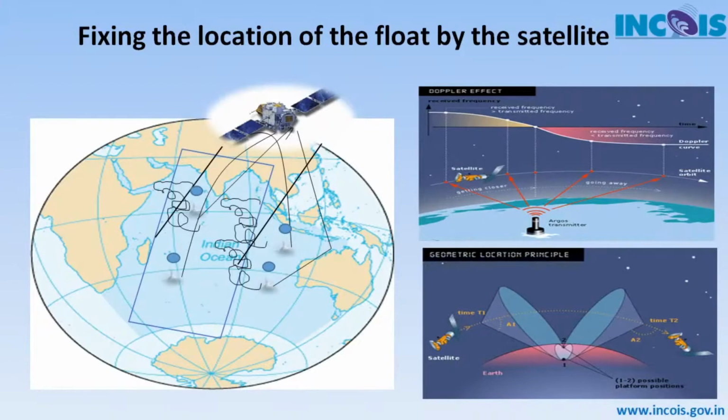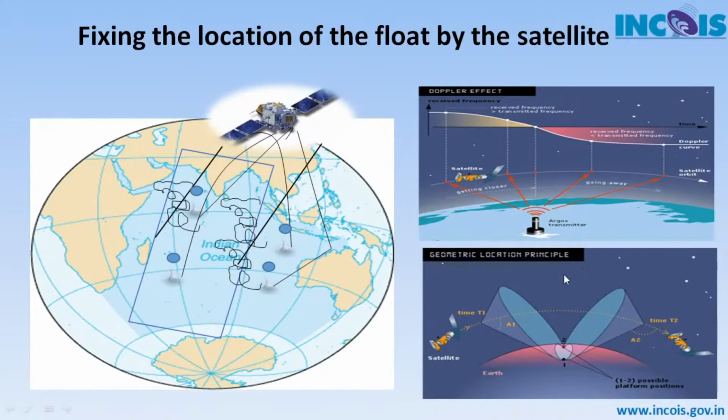So how exactly does the float get its position fixed? The float has no GPS. I'm talking about the Argos communication floats. They have no GPS fitted. As and when they're deployed, they're free to drift. But while on the surface, there is a constellation of Argos satellites traveling, measuring the globe. So the float communicates to these satellites by sending message packets, and based on the packets received from the floats, the satellite fixes the position.